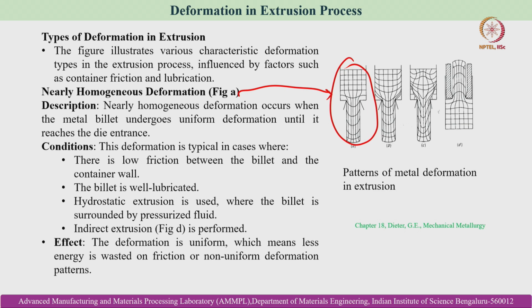So that is why the pressure requirement in case of indirect extrusion is much lesser than we observe in case of direct extrusion. So typically the near homogeneous deformation can be a characteristic feature of indirect extrusion. The effect of nearly homogeneous deformation is that the deformation is uniform, which means less energy is wasted to counter the friction or non-uniform deformation pattern.